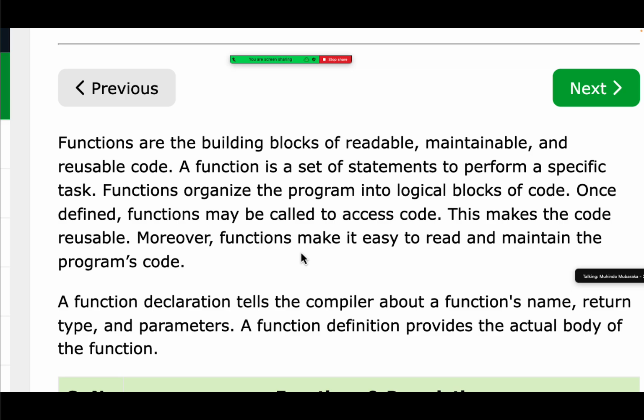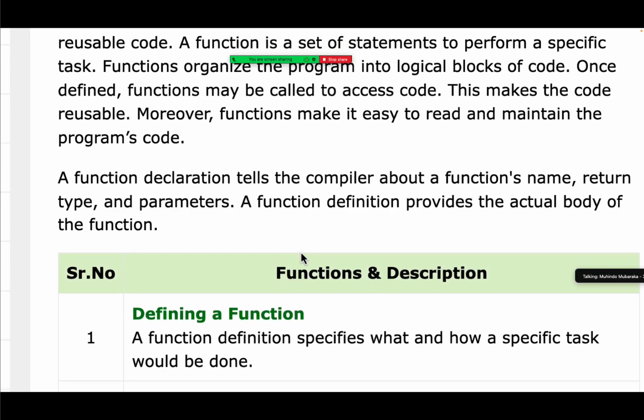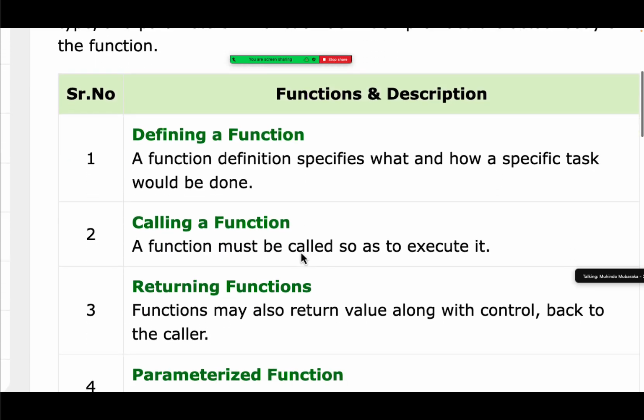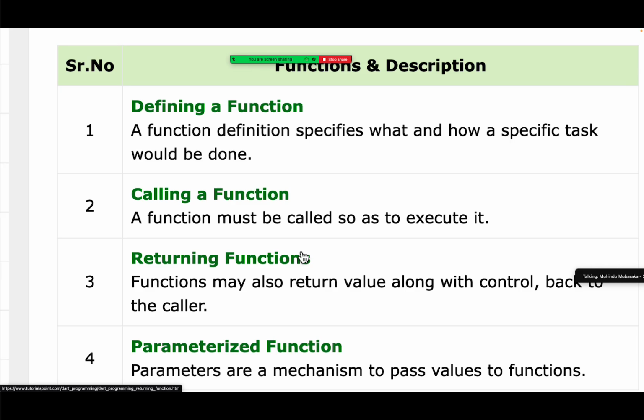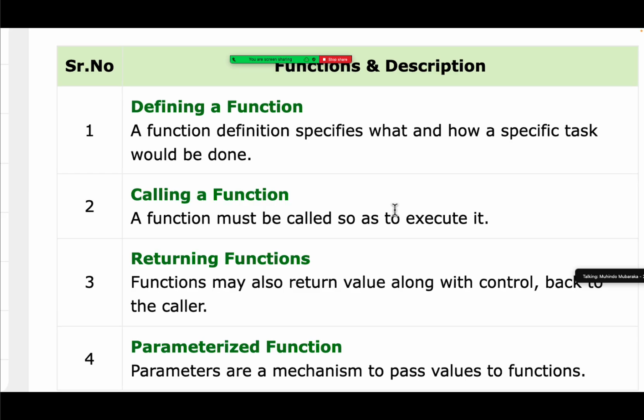So every time I need to display that information, I don't need to write that code again. I just call the function, and then it will go ahead and do that task for me. So these are the steps that we take when defining a function. A function definition specifies what and how specific tasks would be done.